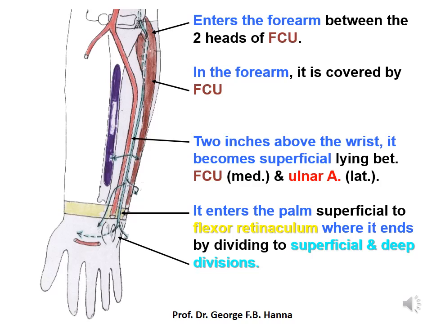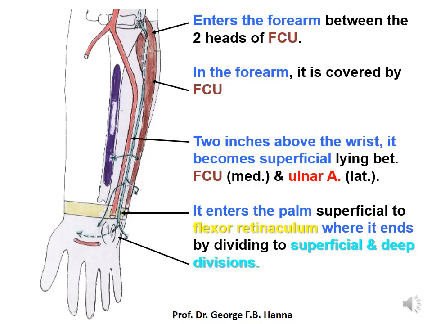But in the middle of the forearm, it becomes lying next to the ulnar artery. See here, lateral to it is the ulnar artery. Medial to it is flexor carpi ulnaris. Posterior to it is the ulna.